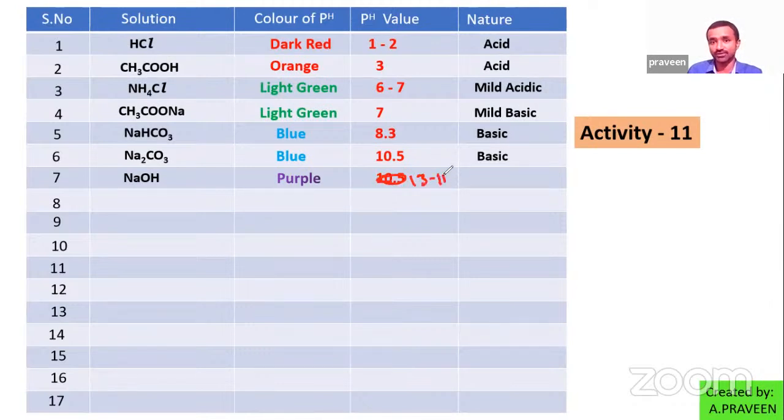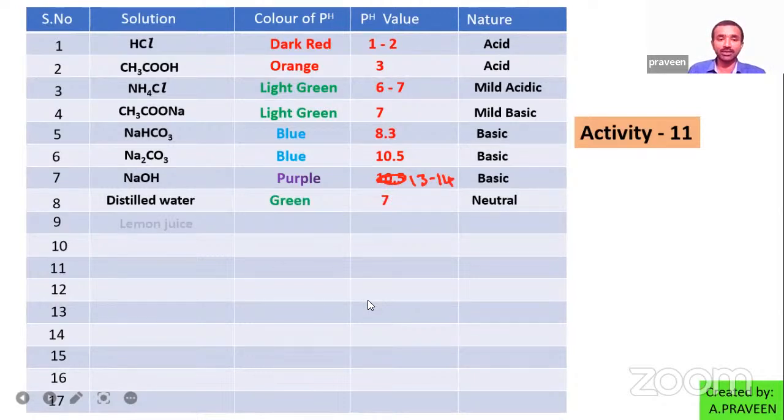Strong base. This is a strong base here. Then the next substance is distilled water, pure water. Take distilled water, sterilized water. Its color is green and the value is 7. Nature is neutral.